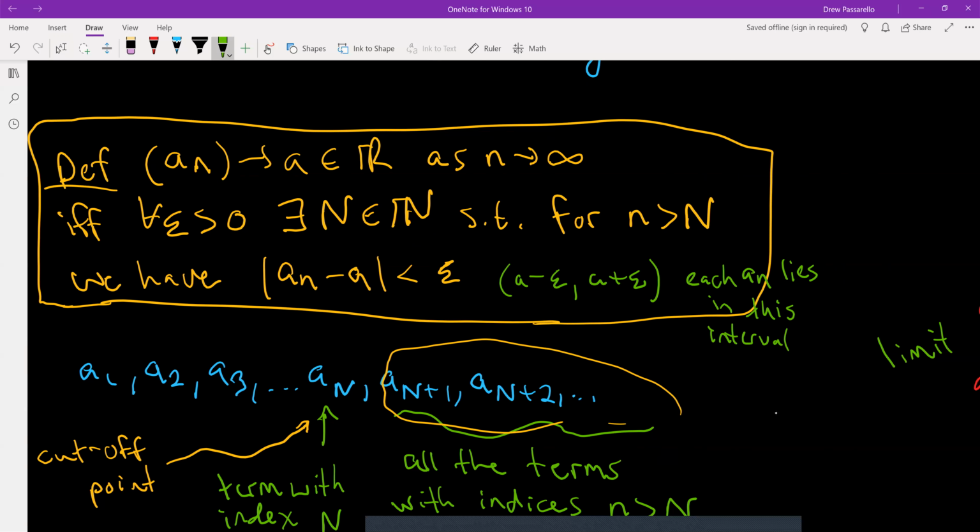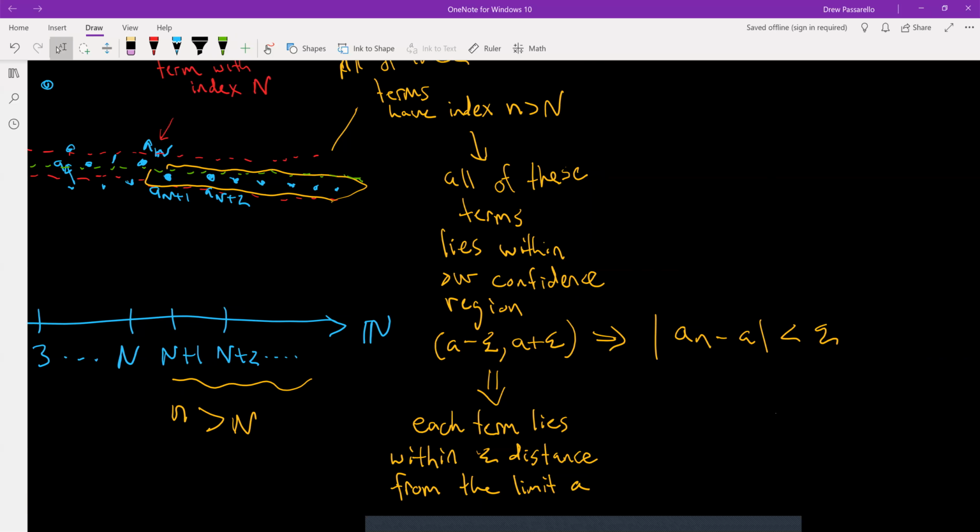And graphically, that's sort of what it represents here. All of these terms that I circled are the terms that have index n greater than capital N, and these are all terms that lie within our confidence region, (a minus epsilon, a plus epsilon), which is the same as the absolute value of a_n minus a less than epsilon. And each of these terms lies in that confidence region, which means each of these terms is within a distance of epsilon from the limit a.